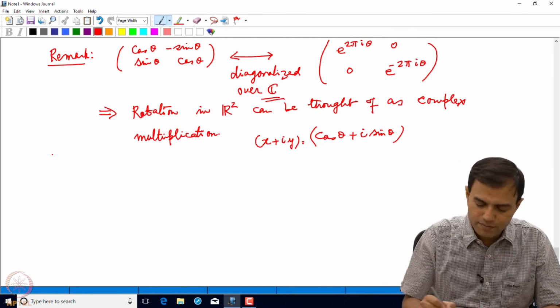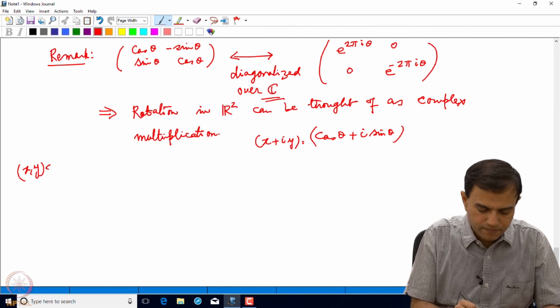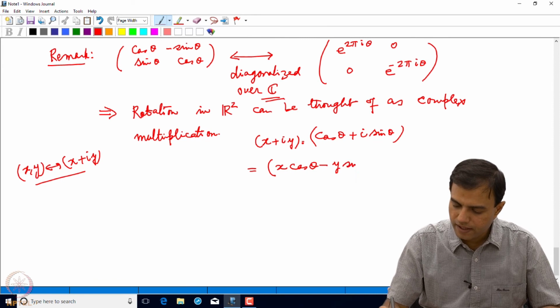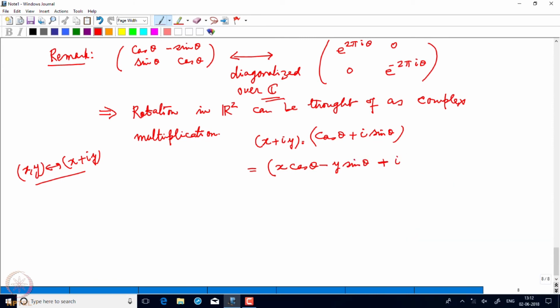The point (x, y) is being identified with x plus iy. So when I multiply, what do I get? For the real entry I get x cos theta minus y sin theta, plus the complex entry is y cos theta plus x sin theta, which is precisely what this matrix does. So complex multiplication can be thought of as rotation.